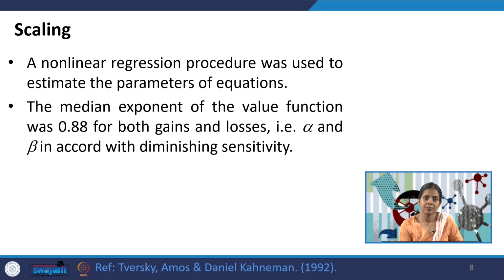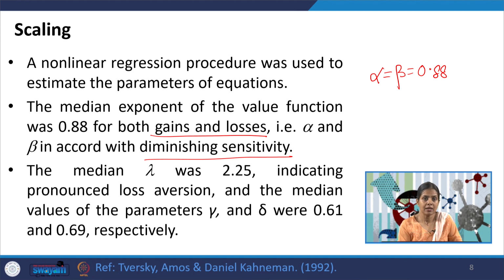The median exponent of the value function was 0.88 for both gains and losses, that is alpha and beta, in accordance with diminishing sensitivity. So, what they observed is that alpha equals beta equals 0.88. What it also shows is that the extent of diminishing sensitivity in the domains of gains and losses is the same if the values of beta and alpha are nearly the same.